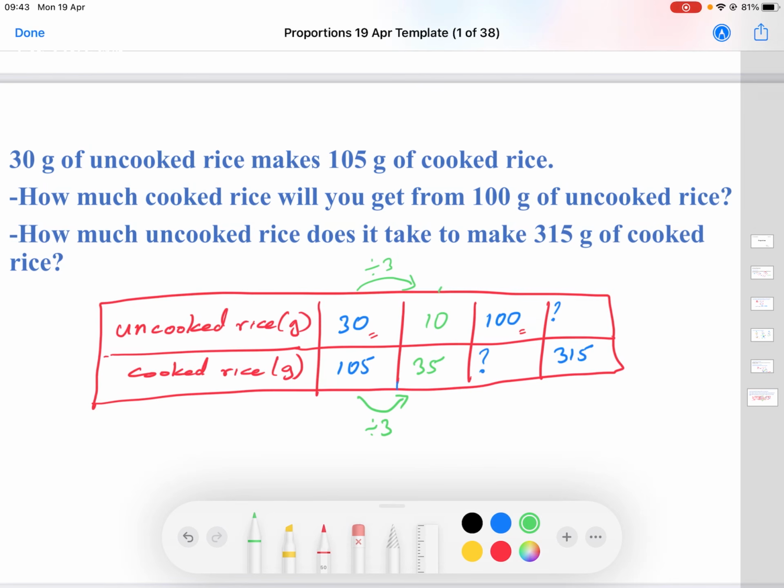Now 10 we can multiply by another 10 to get 100. 35 also we can multiply with 10 and we'll get 350. That means for 100 grams of uncooked rice, we are going to get 350 grams of cooked rice.